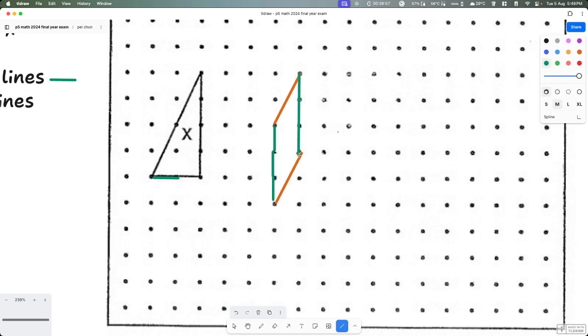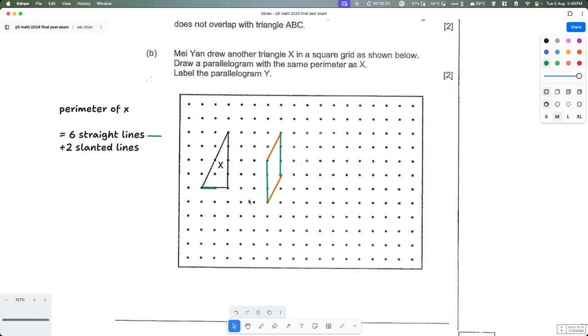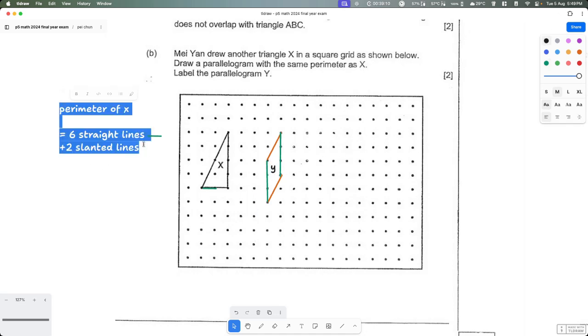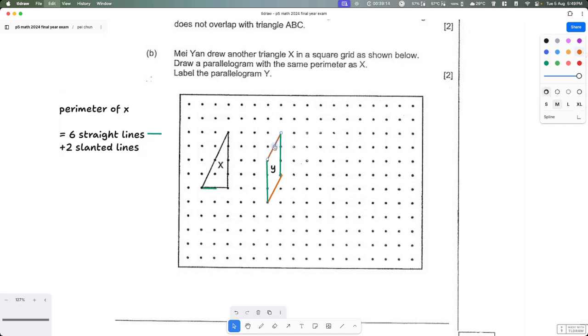So that means the parallelogram has one side equal to 3 straight lines plus one slanted line, and the other side is also 3 straight lines plus one slanted line.